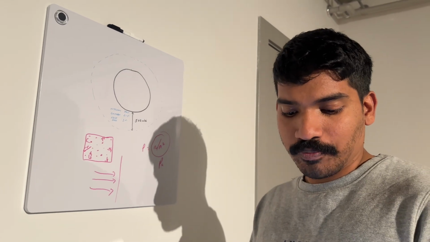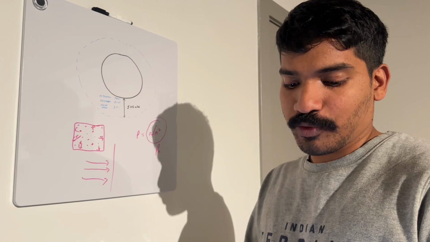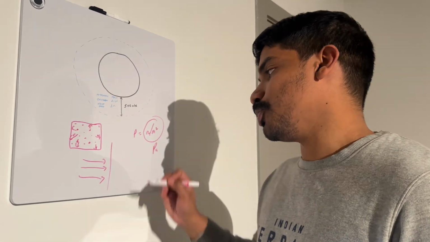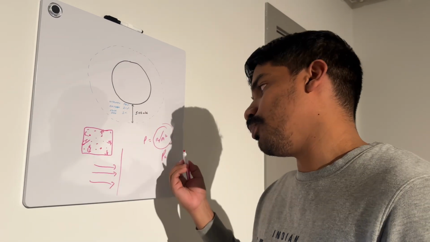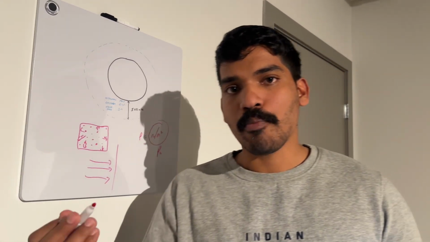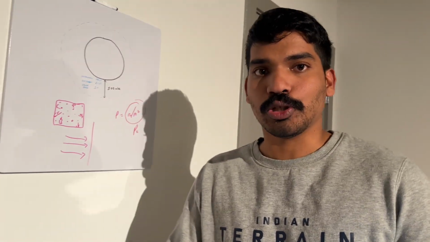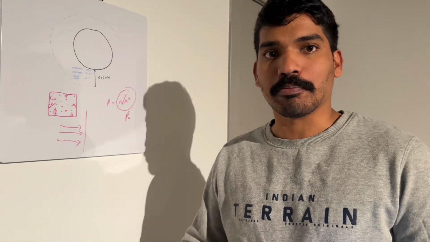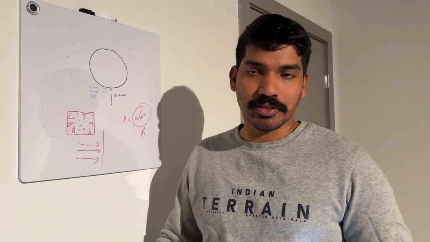Let me read out to you. This occurs when moving air is brought to rest on the surface of a body. So let's say you are riding a cycle. The air molecules that hit against you can be said to be applying dynamic pressure against you, right? So that is dynamic pressure.